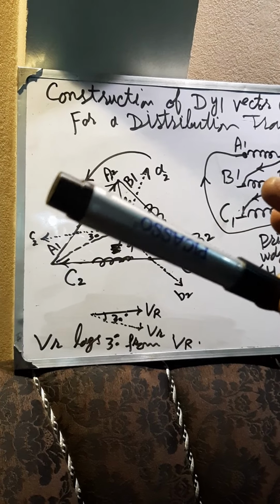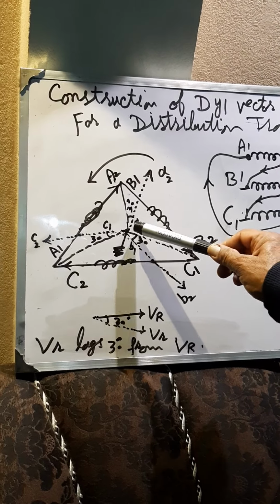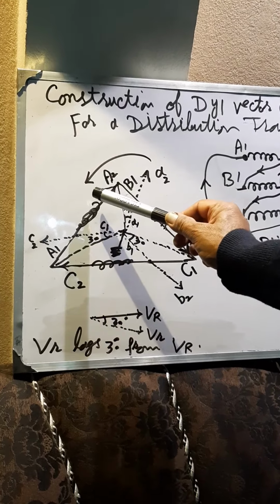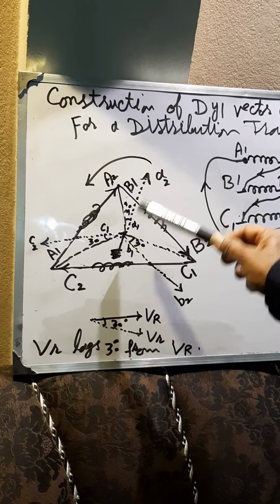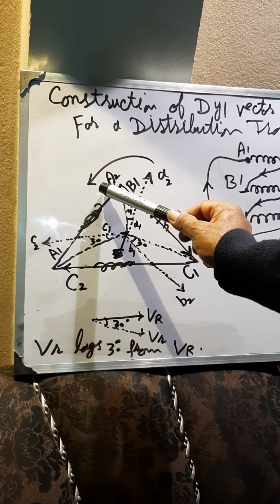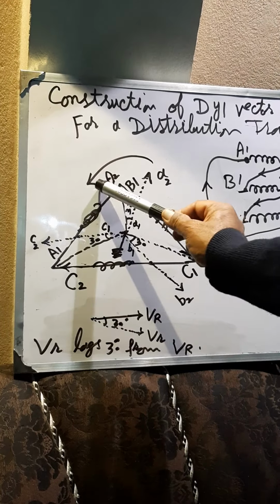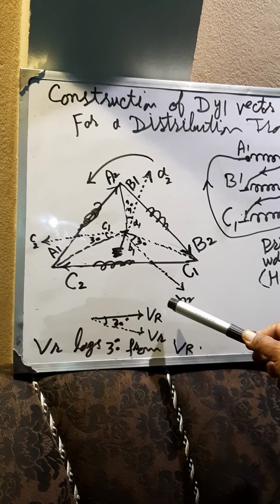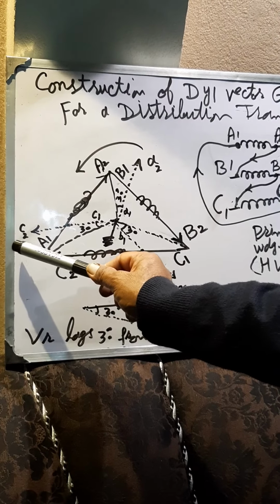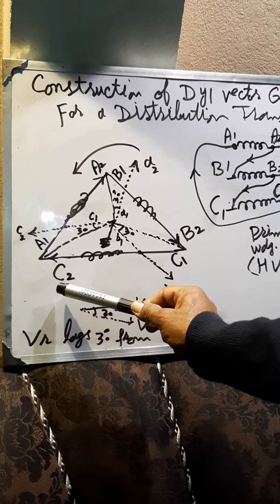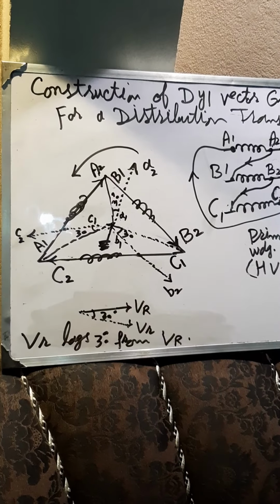Keeping in view this rule, A1, A2 is parallel to this primary, so I shall write here the notation A2. Similarly, this B2, and I shall write here B2. This small C2, and I shall write here single C2.